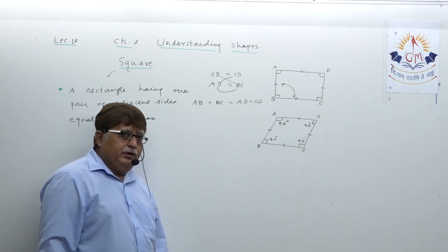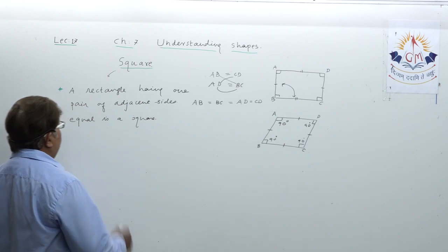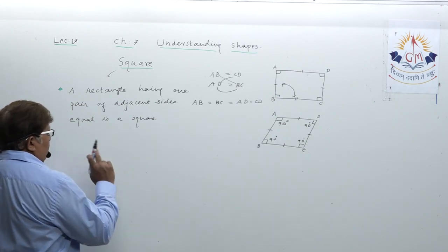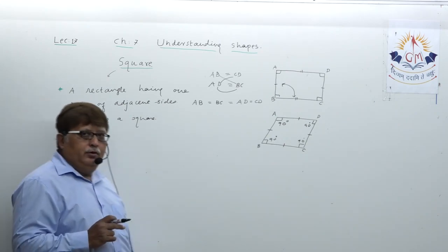So how can you define square in terms of rhombus?